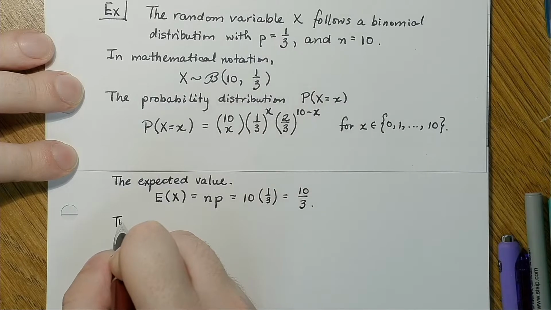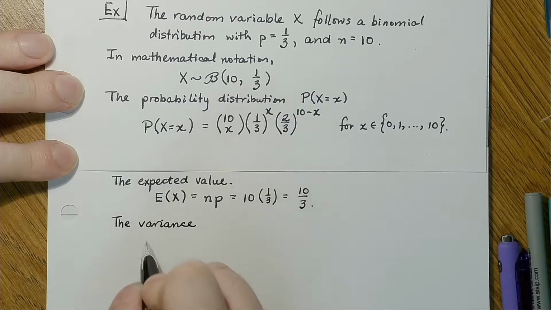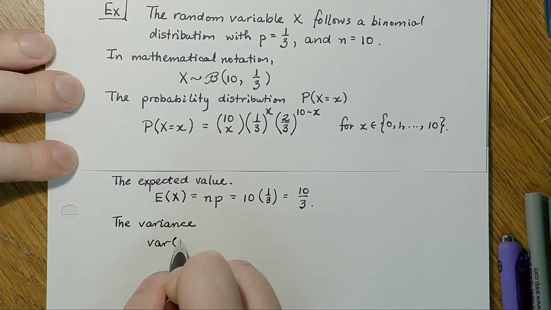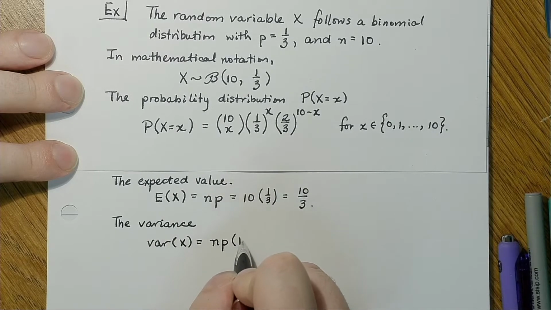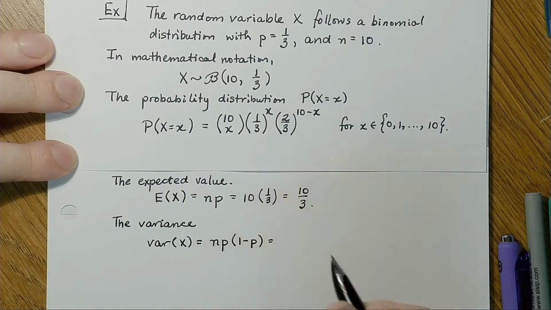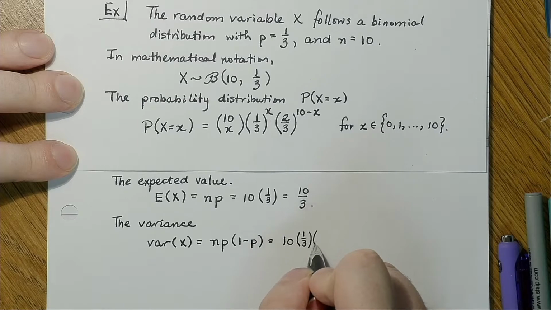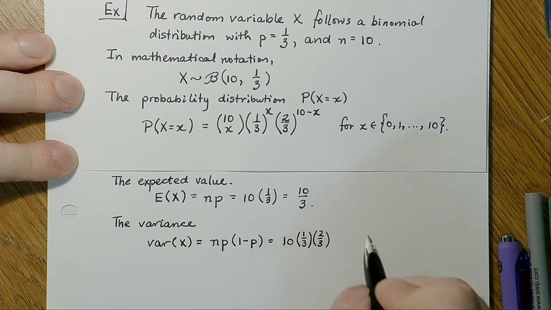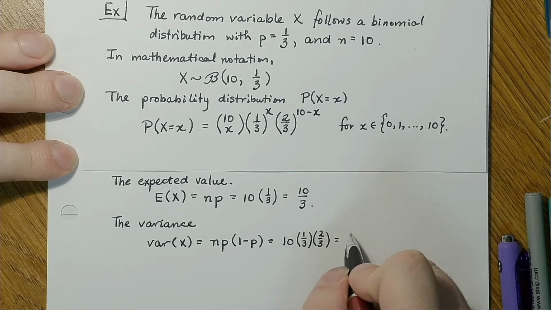And the variance is 10 times 1/3 times 2/3. So this gives us 10 times 2, which is 20 over 9.